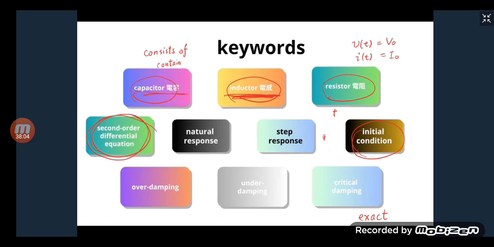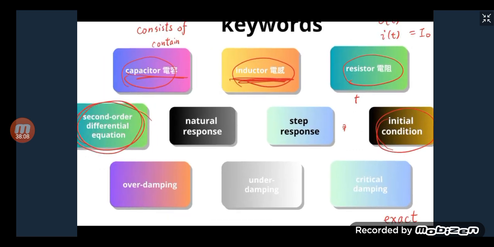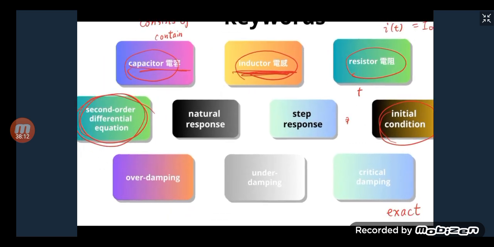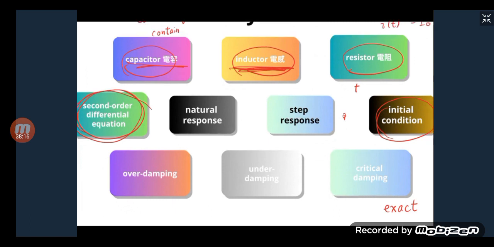And then we will see that the response for a second order differential equation of an RLC circuit will be of three types, which is overdamping, underdamping, and then critical damping.